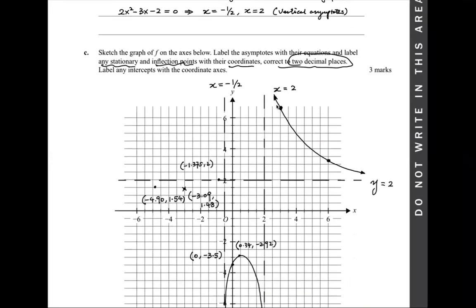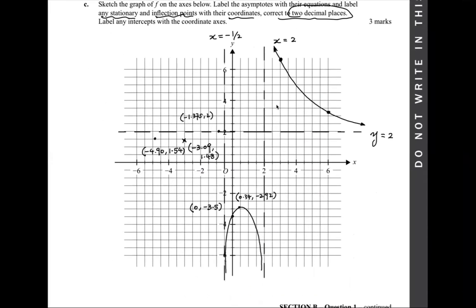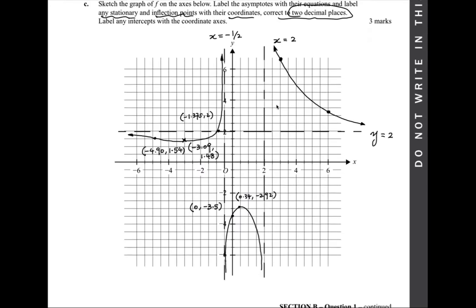In this case, the question didn't say from -6 to 6, so you should have your graph asymptotic or getting closer and closer to, let's say, the horizontal asymptote, like in this way, okay? And then draw very carefully for the last bit of the asymptotic behavior, okay?